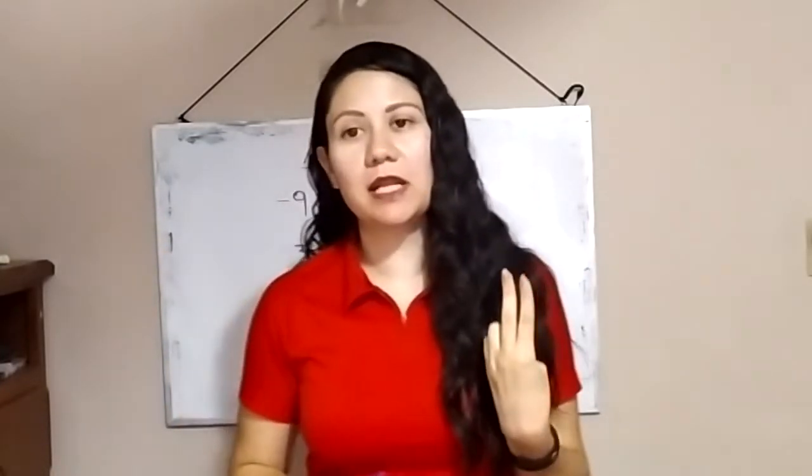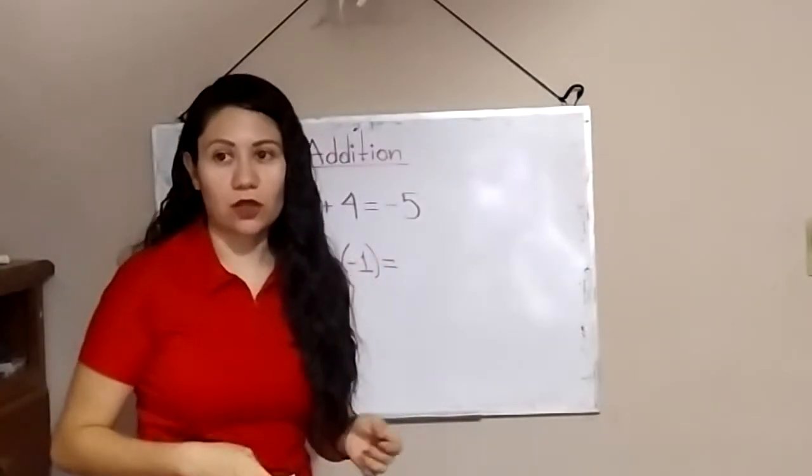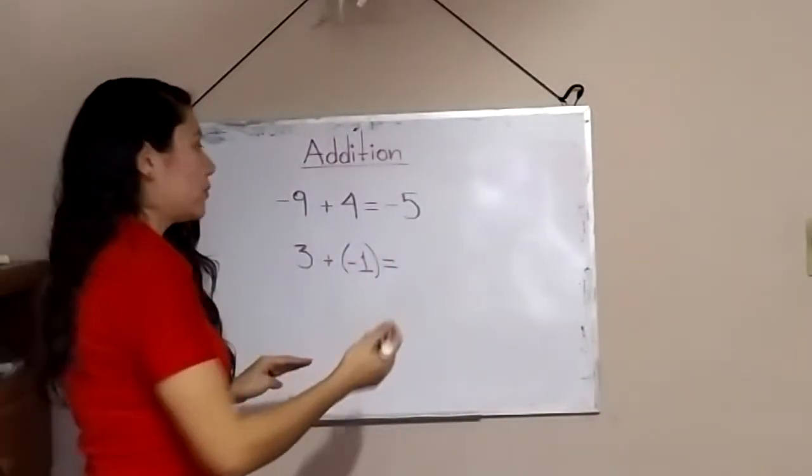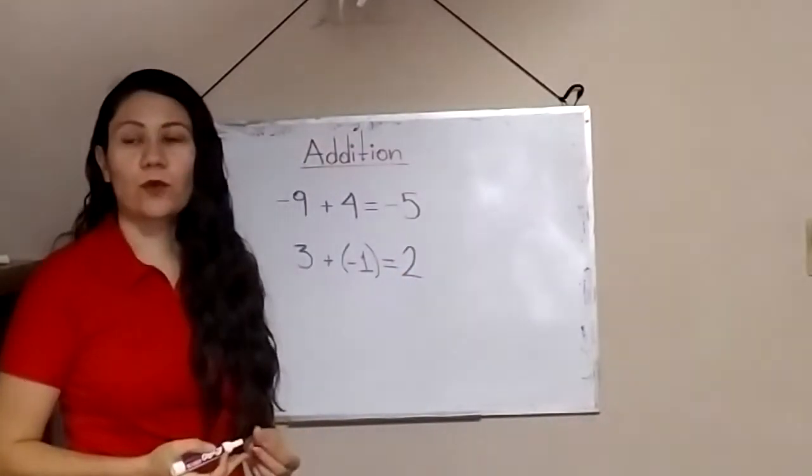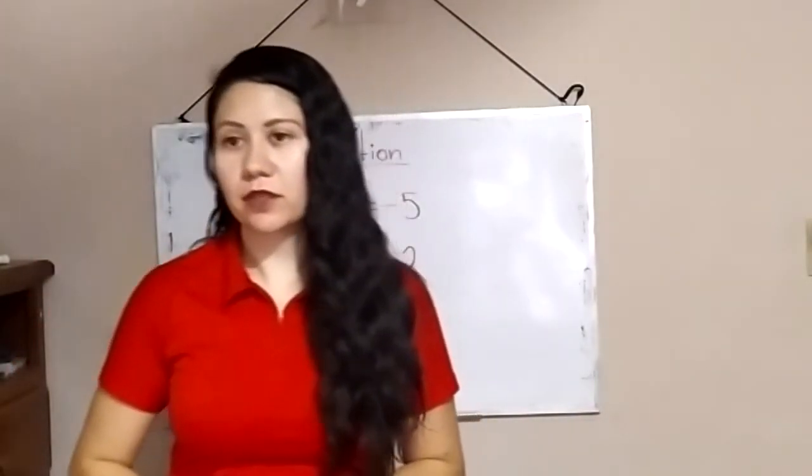In this case, we have $3 and we owe someone $1. Do we still owe them, or do we have some money left? We used to owe 1, we have 3. If we pay that one, we're going to be left with $2. We no longer owe someone money. We are left with $2.